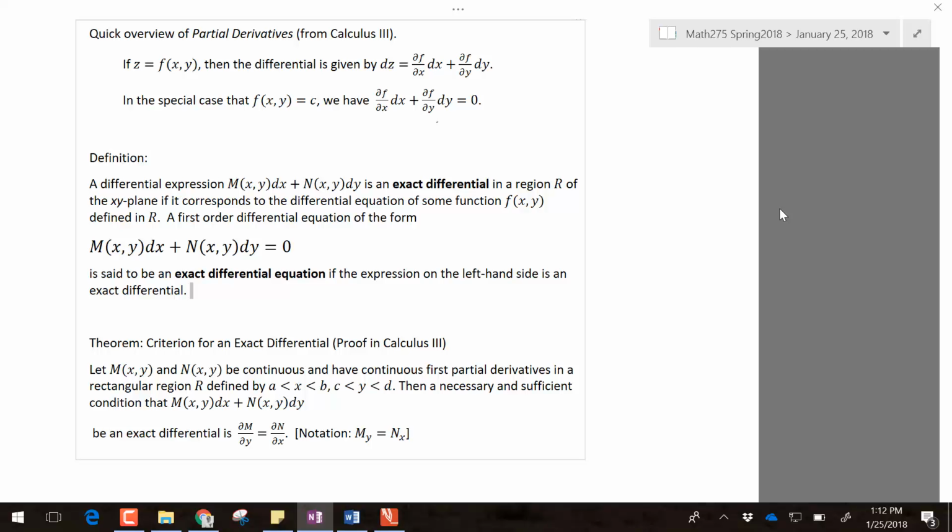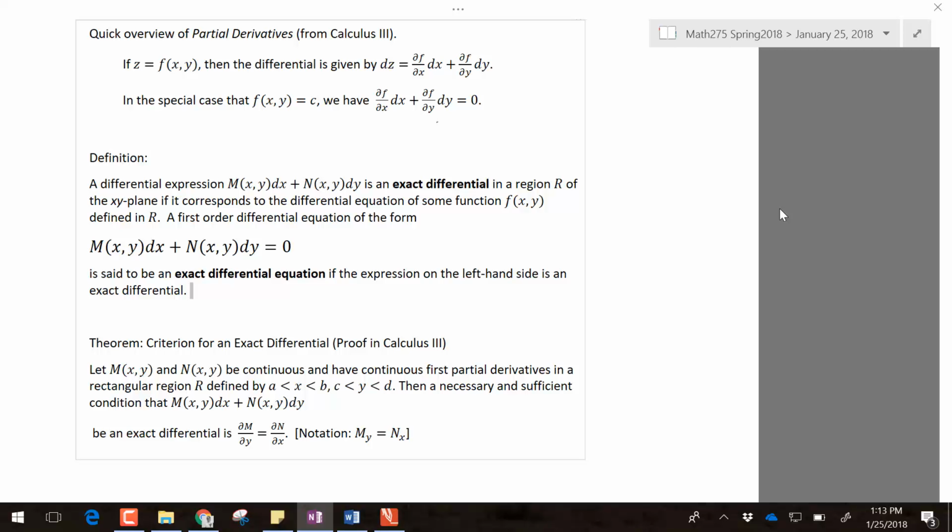So in this definition, we kind of steered away from the Calc 3 discussion up on top. What we want to know is, if we have a differential equation, does it fit that Calc 3 model? In other words, is it an exact differential equation? Well, the quick way to check is a criterion that is discussed in Calc 3.